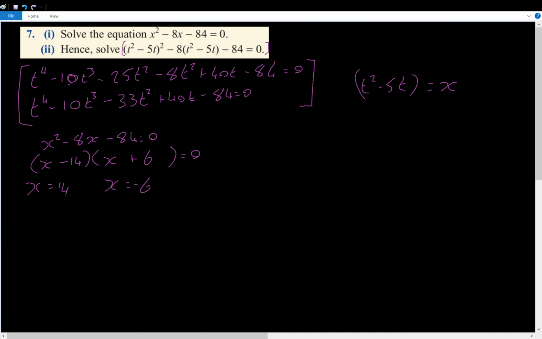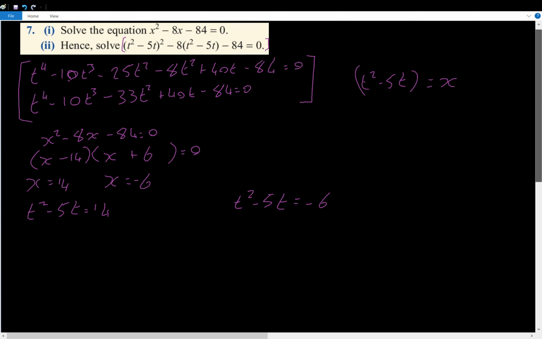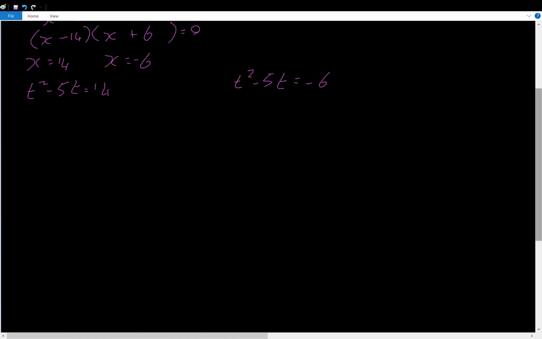And the reason that we've done this is that we can now take these two values for x and use our substitution equation over here and set t squared minus 5t equal to them. So what we get is t squared minus 5t equals 14, and we get t squared minus 5t equals minus 6. And now these are factorizable.